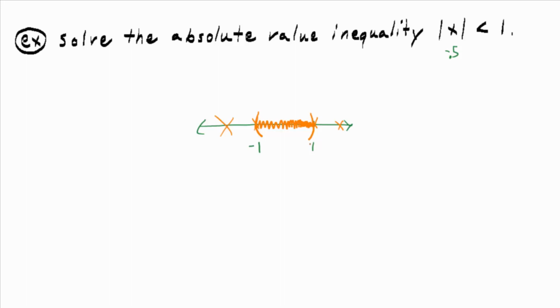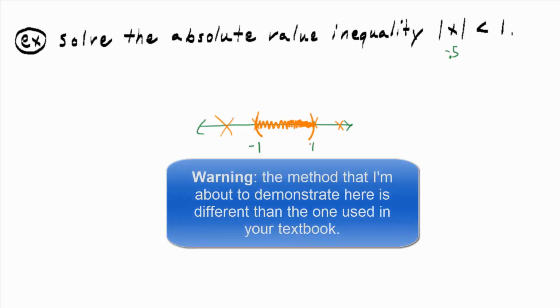So what you can do is drop the less than and replace it with an equal sign and solve the related equation to get the negative 1 and 1, which I would call those critical values. They're not the answers to the problem, right? They're not even part of the answer in the sense of being a solution, but in the sense of marking our endpoints of our interval, they're part of the answer.